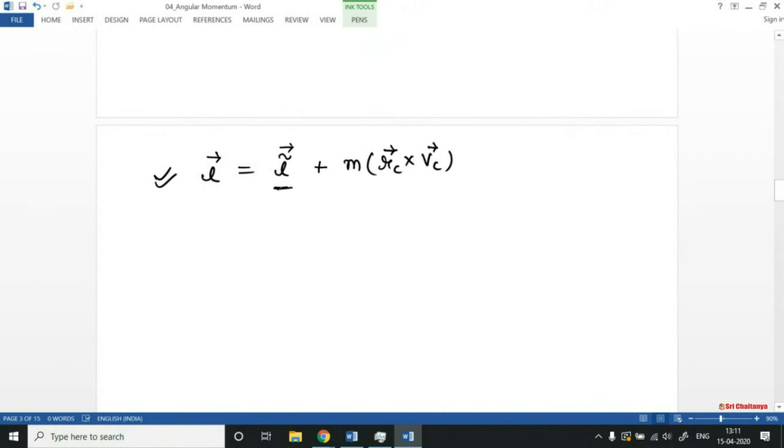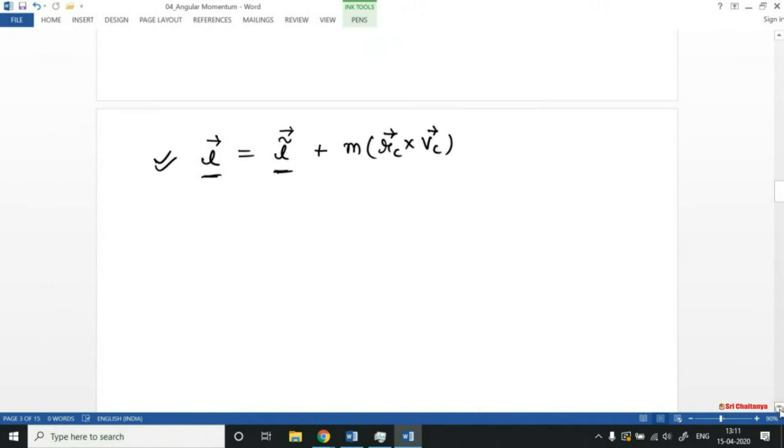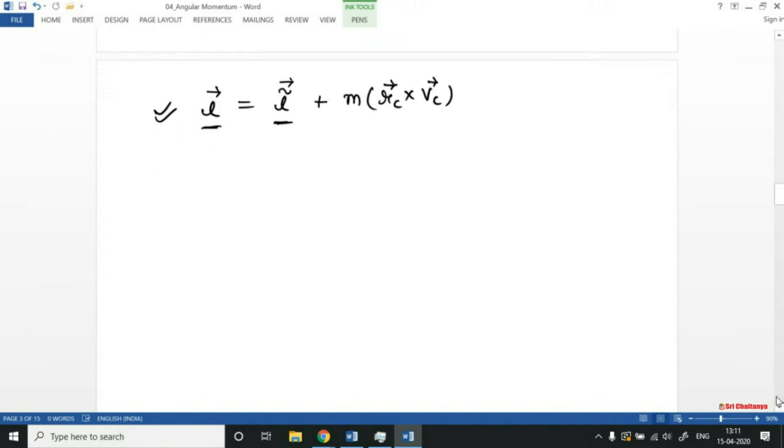So if we know this L tilde, we will be able to find out L using that relationship. Right now I'm just writing the equation, and later on we will be using all those equations also. So let's not go into the derivation because we are really running short of time. So let's move on to the other concept. So this was about the angular momentum thing.